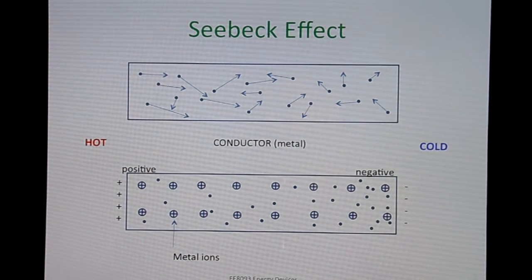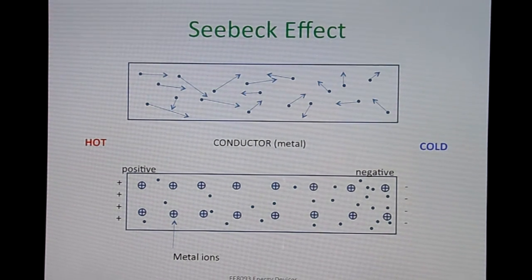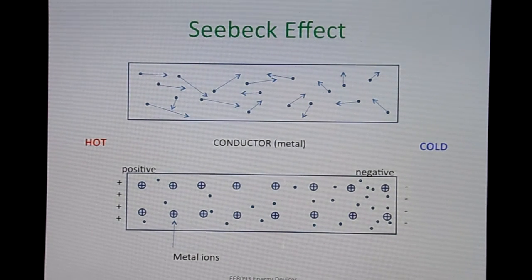Now, if we look at the top diagram, it's clear that the length of the arrows on the hot side of the metal are usually longer than the arrows on the cold side.